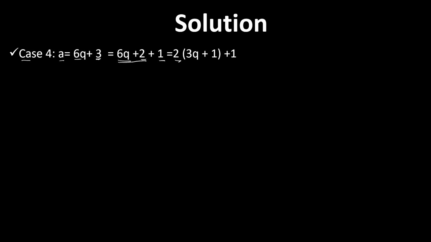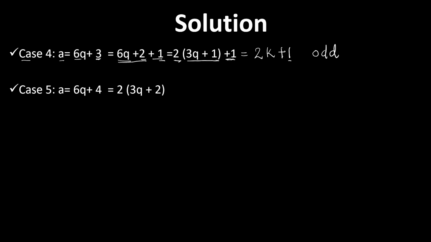So we will obtain twice of 3q plus 1 and this plus 1 will be written afterwards. So here you can observe that we can write down this entire expression as twice of a plus 1, which basically indicates that if we will try to divide this entire number with 2, we will get a remainder of 1, which means this is not completely divisible by 2, right? So therefore it is an odd integer.